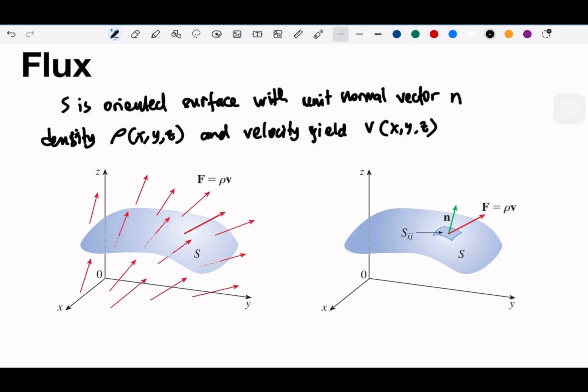Basically, this density and velocity make a vector field, which is the rate of flow per unit area.